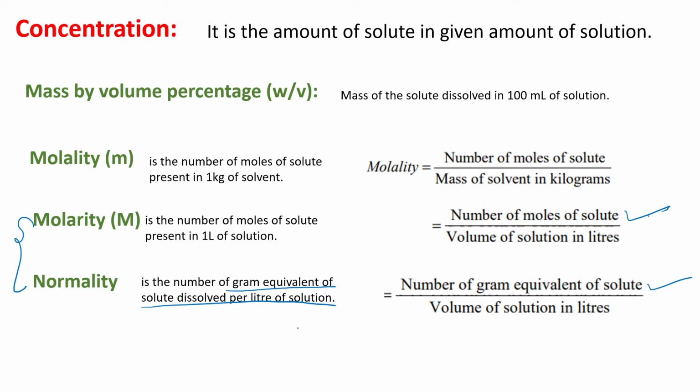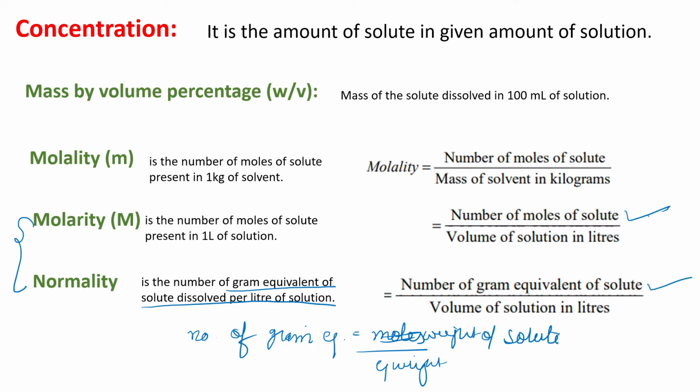So what is the difference? Number of gram equivalents is defined as weight of solute by equivalent weight, and equivalent weight is molecular weight divided by n factor.